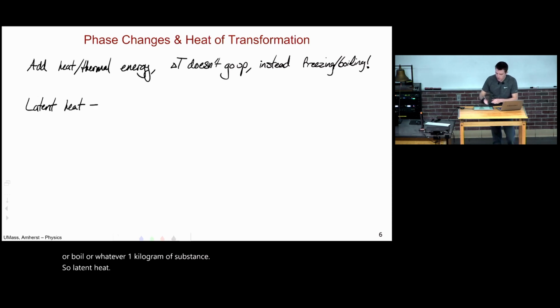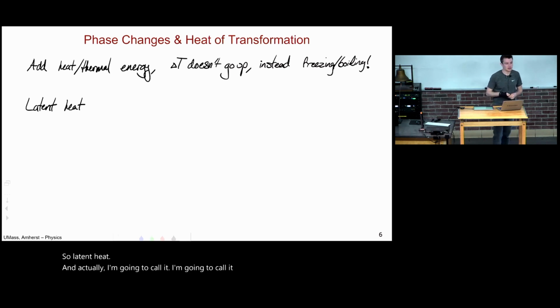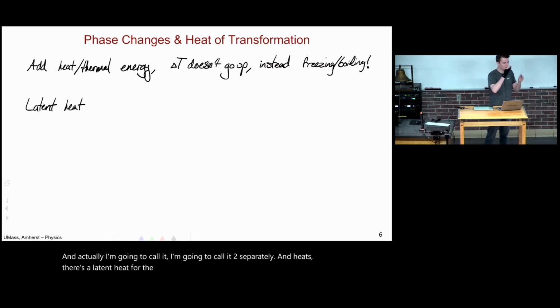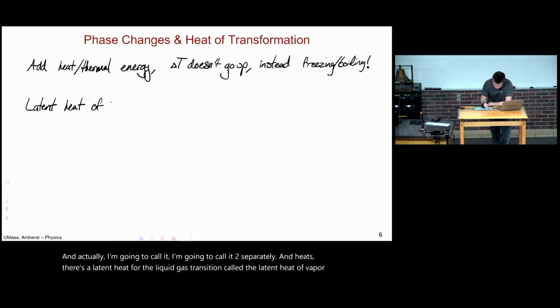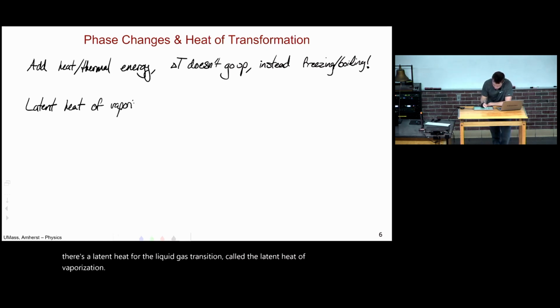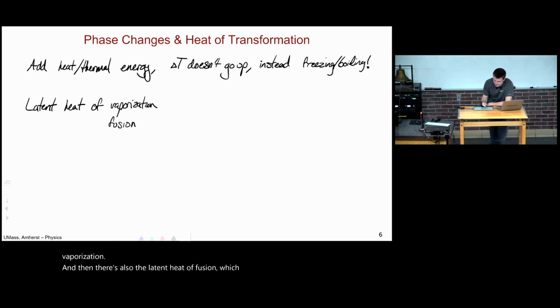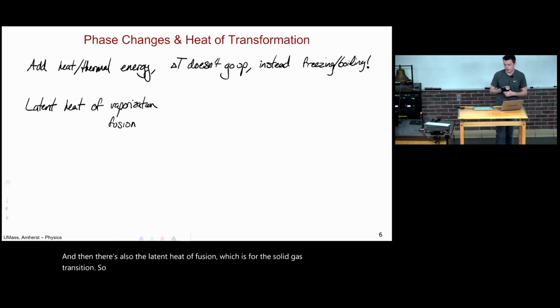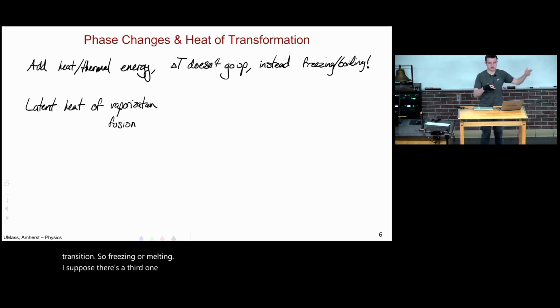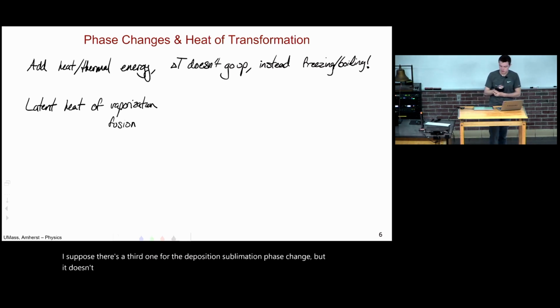And actually, I'm going to call it 2 separate latent heats. There's a latent heat for the liquid-gas transition called the latent heat of vaporization. And then there's also the latent heat of fusion, which is for the solid-liquid transition, so freezing or melting. I suppose there's a third one for the deposition sublimation phase change, but it doesn't have a name because it isn't used too often.